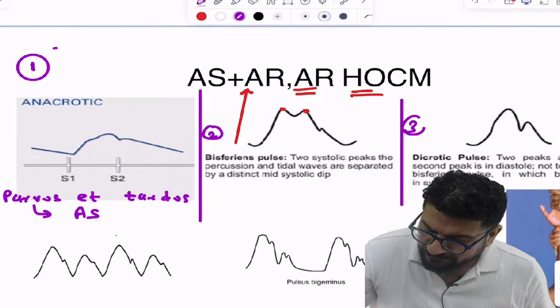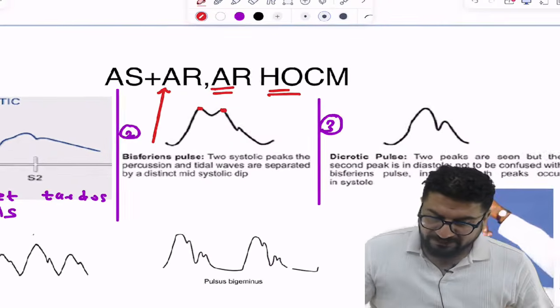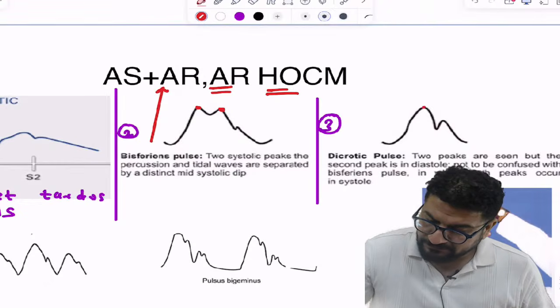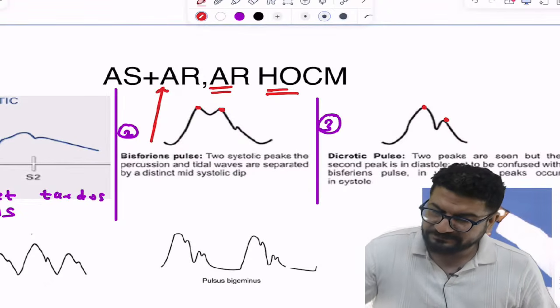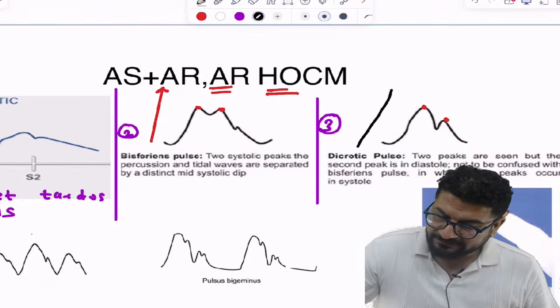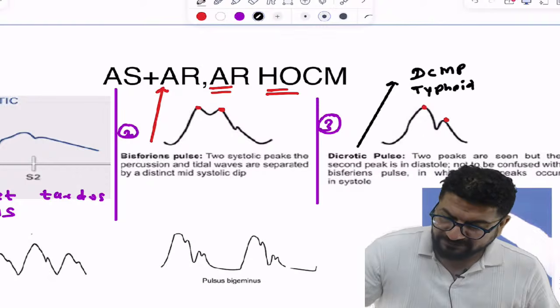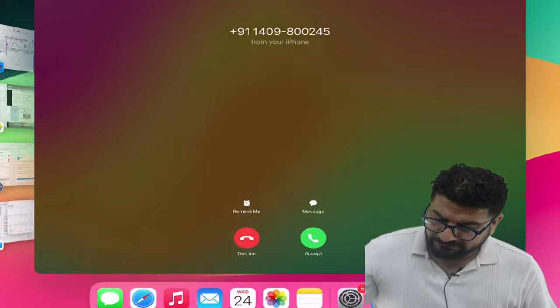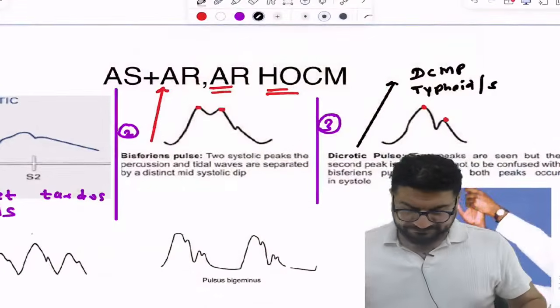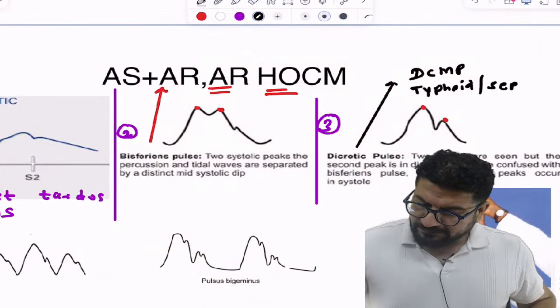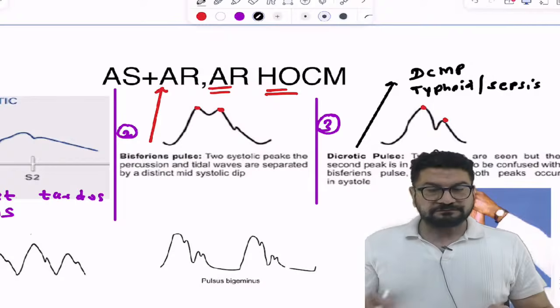Here also there are two peaks, but the first peak you are seeing in systole and the second peak in diastole. This dicrotic pulse is seen in a patient of DCMP, and in typhoid fever, and typhoid sometimes can convert into sepsis. So it is also seen in sepsis.